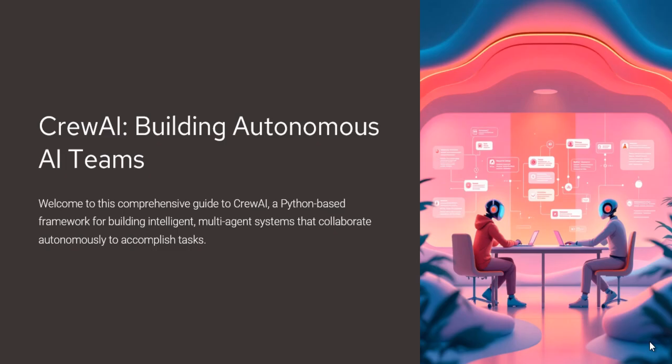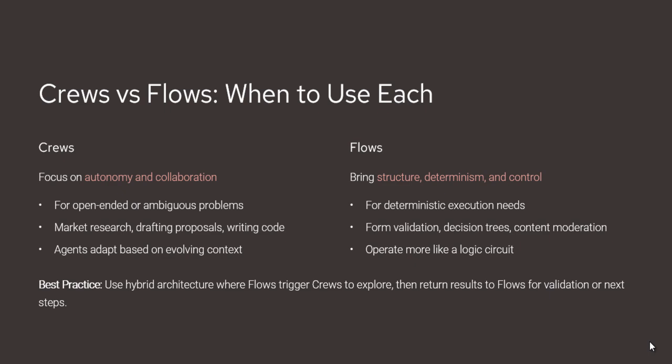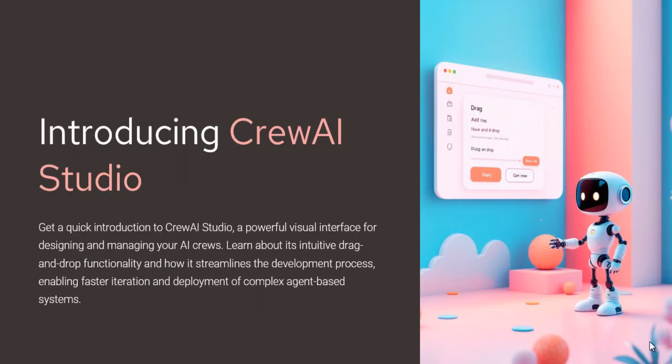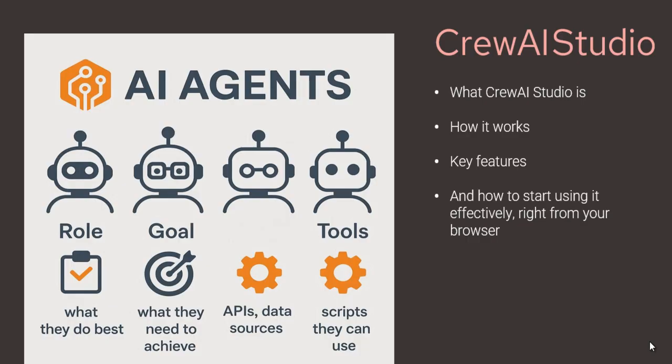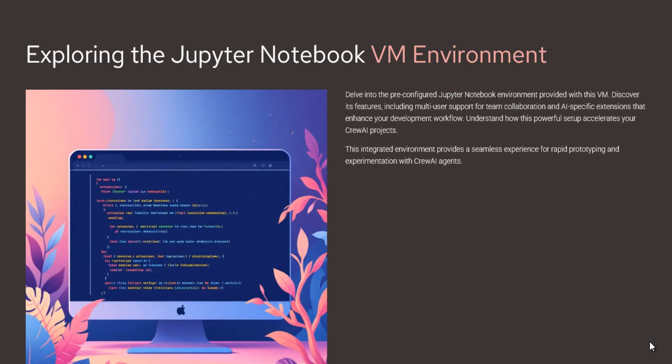We then explored CrewAI Studio, a visual and user-friendly alternative to the code-based workflow. It provides a GUI-driven experience for building and managing your agent workflows. Next, we walked through JupyterHub, a collaborative browser-based development environment designed for teams and individuals to prototype and experiment with AI agents in a shared setup.